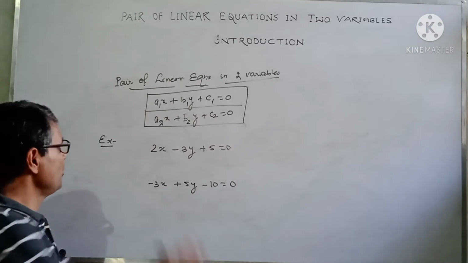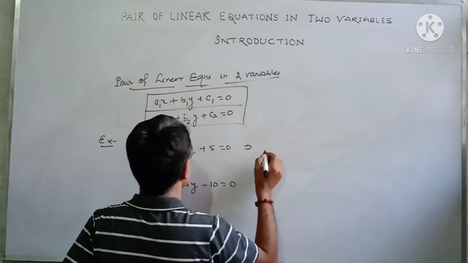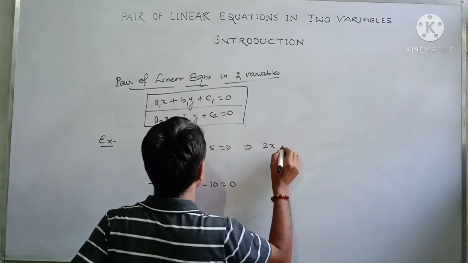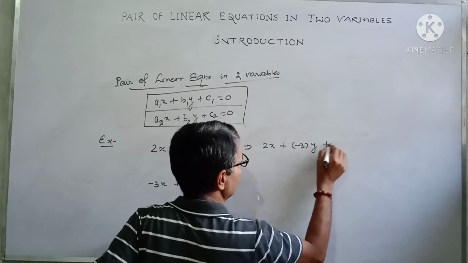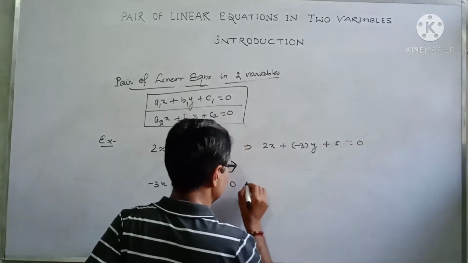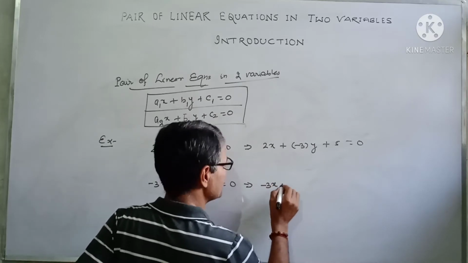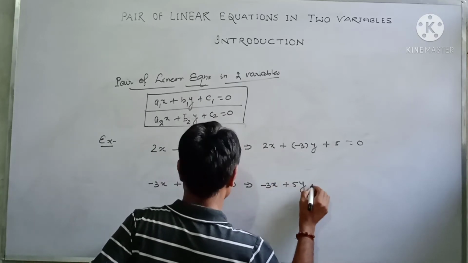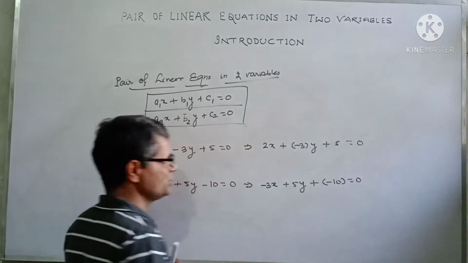How would you compare these equations? The first equation can also be written as 2x plus minus 3y plus 5 is equal to 0, and the second can be written as minus 3x plus 5y plus minus 10 is equal to 0.